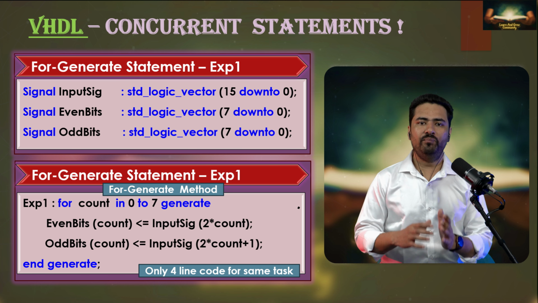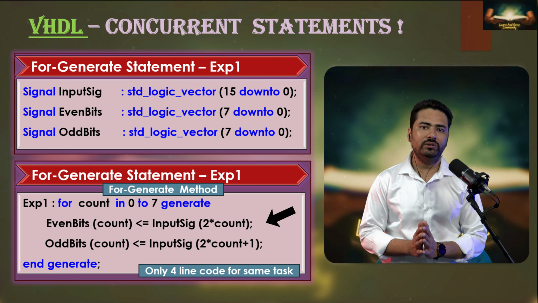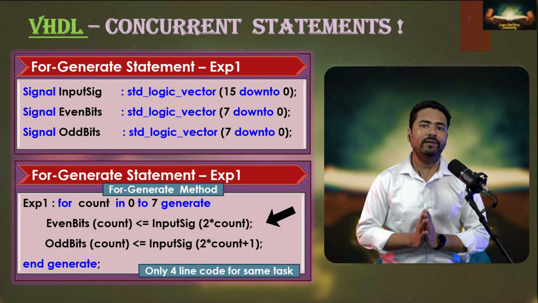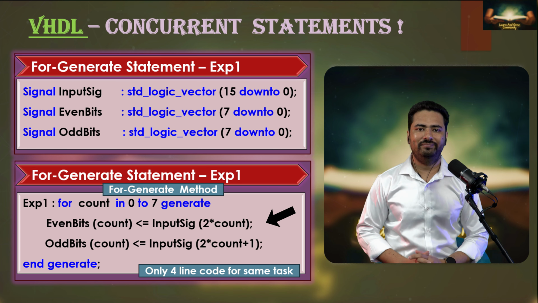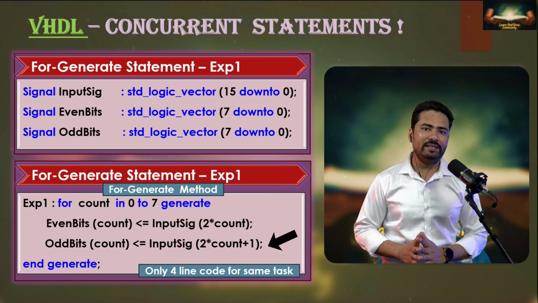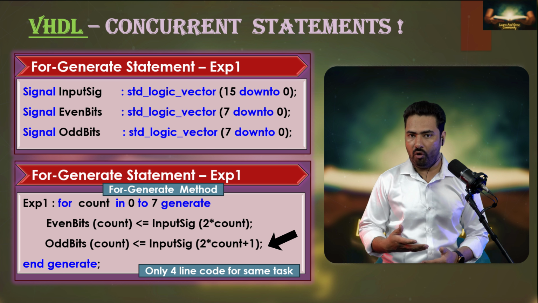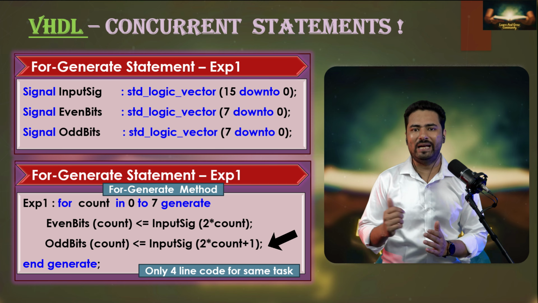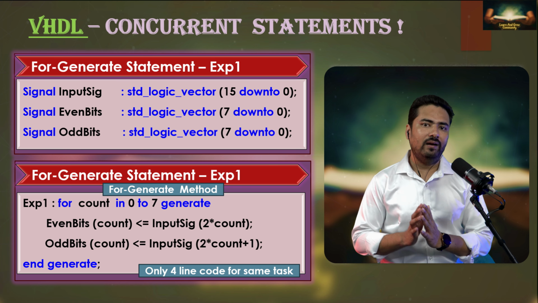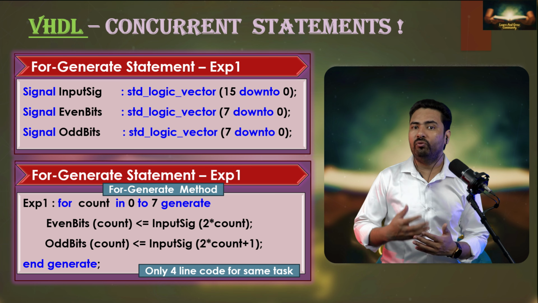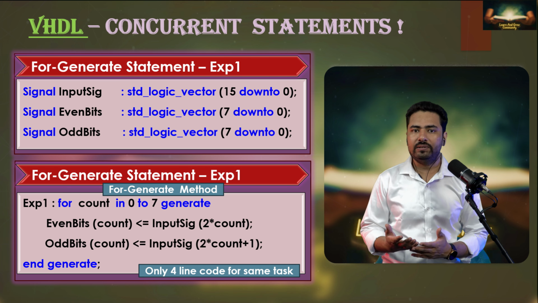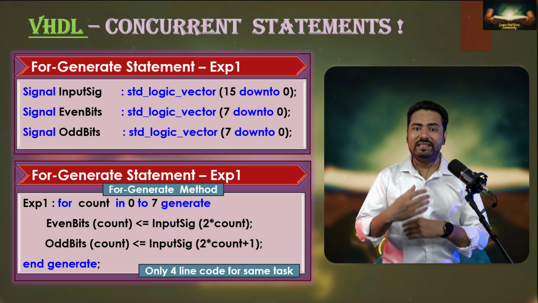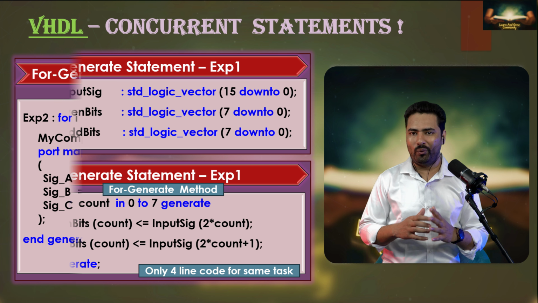So we have written even bits(count) gets the value of input signal(2 multiplied by count); semicolon. Next line is odd bits(count) gets the value of input signal(2 multiplied by count plus 1); semicolon. So you can see how this approach reduces the amount of code to perform the same task. We have completed our task in just 4 lines, instead of 16 lines in the traditional method, right?